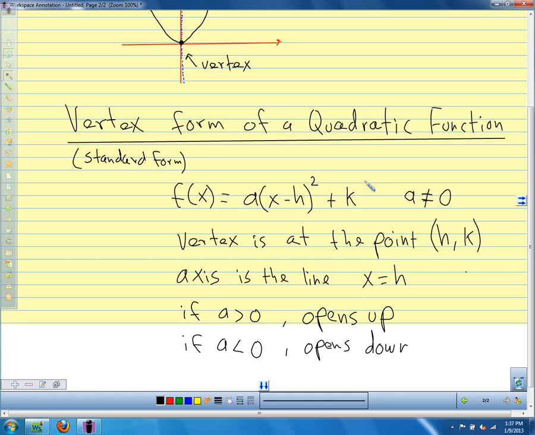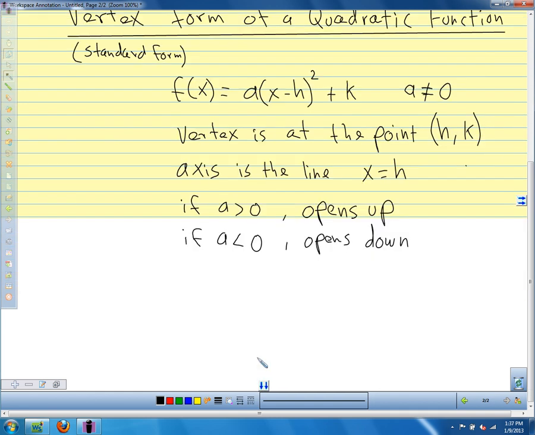We set the function equal to 0. So it crosses the x-axis when the function equals 0, when a times x minus h squared plus k equals 0.